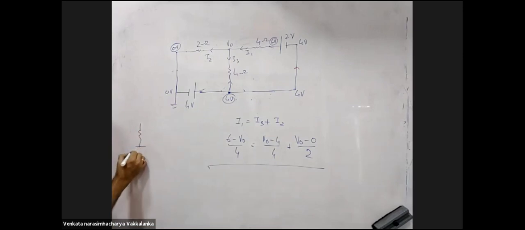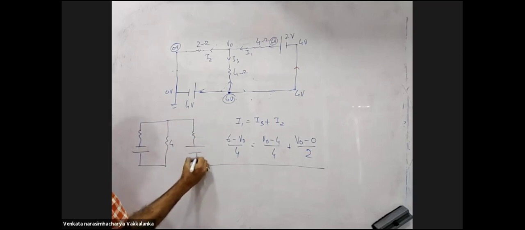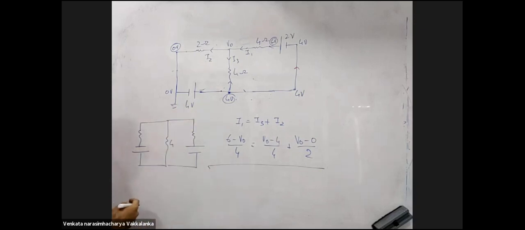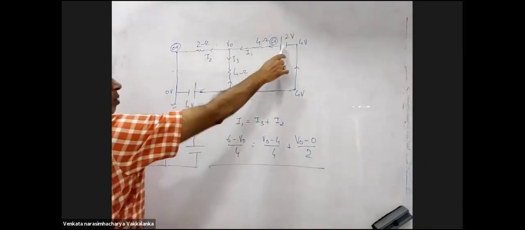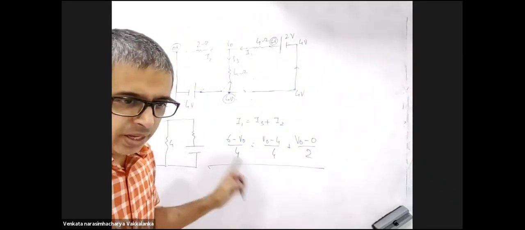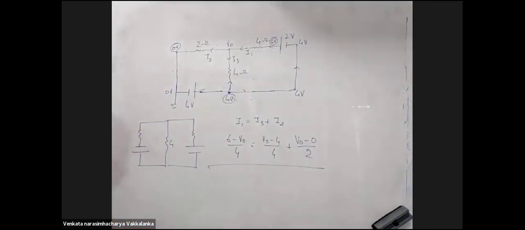You have 4 volts battery. Did I take the polarity wrong in the previous case? Positive plate is connected to the lower, here positive plate is connected. In the second method that I have done, by any chance did I take the wrong polarity for the battery? No, sir, it's correct.